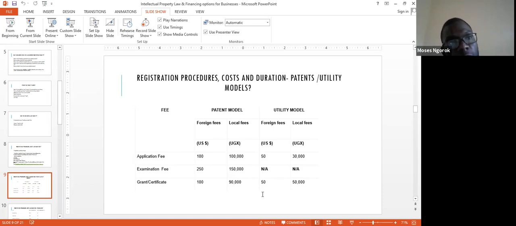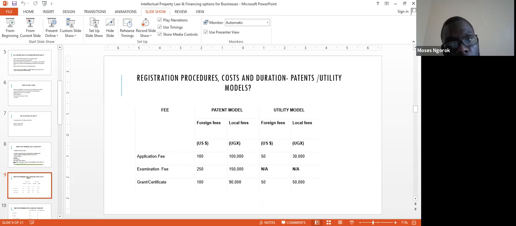So we also have what we call utility models. It's not a type of patent, but in a situation where you're unable to register a patent because maybe the product or the technology you've come up with is not fully unique or novel, it has new components but is not fully novel, you can get what they call a utility model.